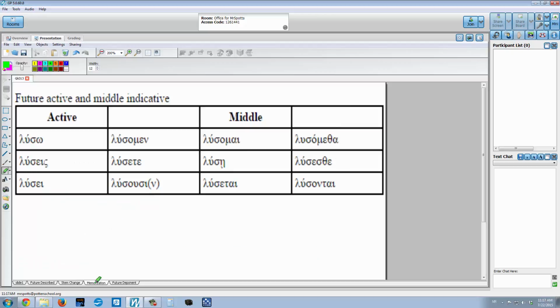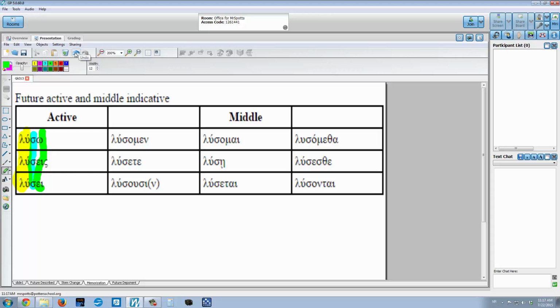For our memorization, let's take a look at this. Again, the future active and middle indicative. Notice you've got your present stem, because I really want you to think of it this way. Got your present stem, and then you have a sigma, and then you have a primary ending. There you go.